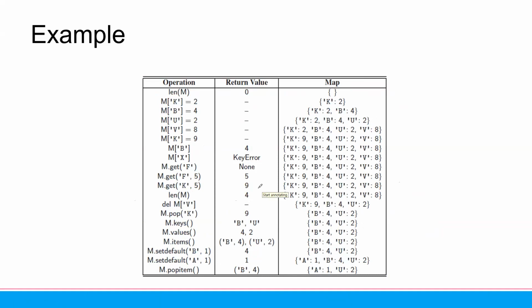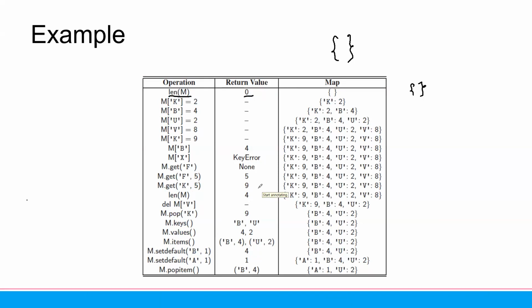And as you know, in the dictionary, you will use the curly bracket to represent set or to represent dictionary. Now let's suppose the first is empty, and then the length of the M is empty.